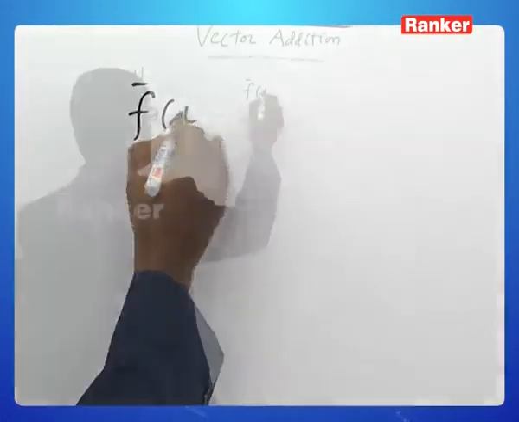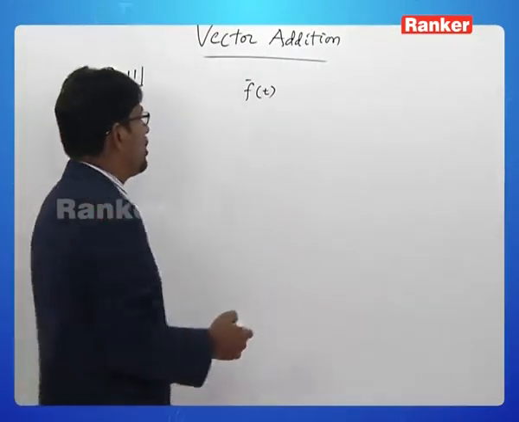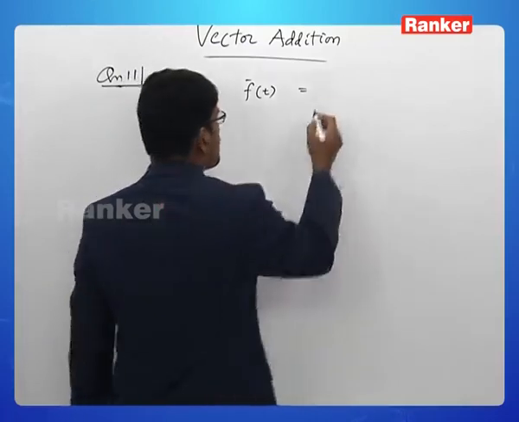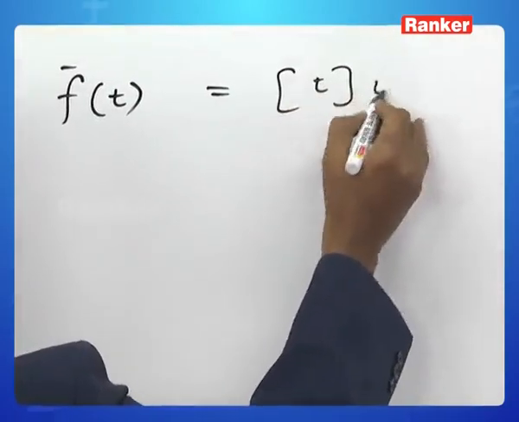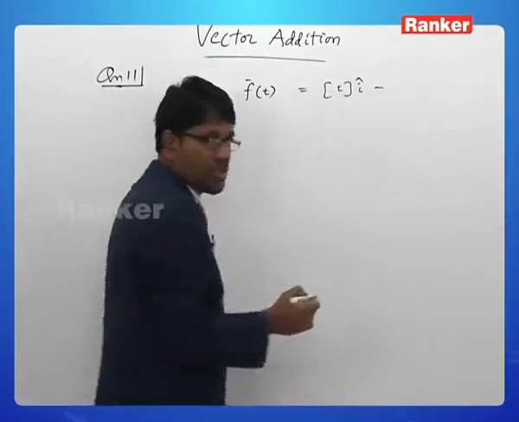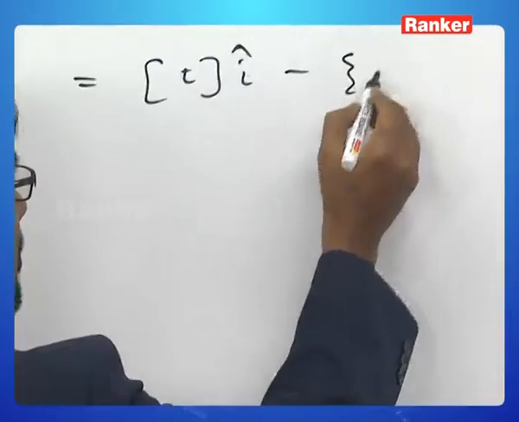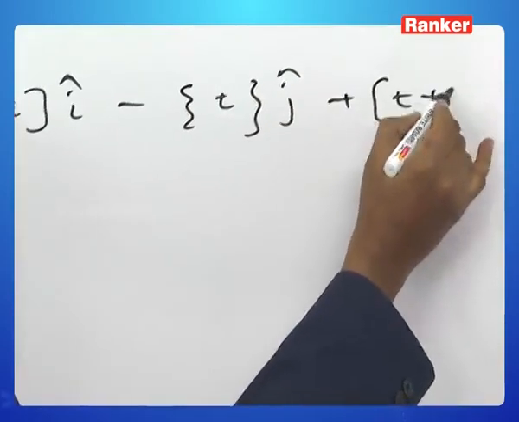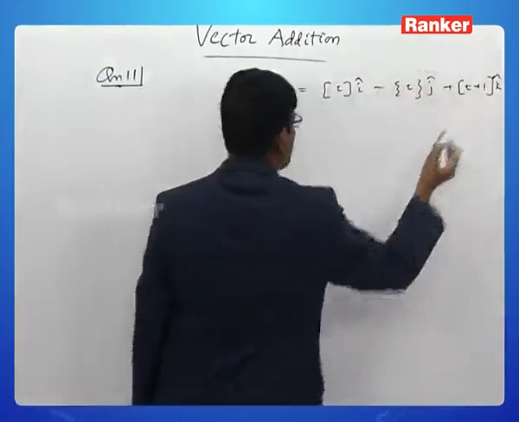We have a vector function here. I can think that it is a time factor. So we have a bracket of t into i minus fraction part of t into j plus bracket of t plus 1 into k vector.